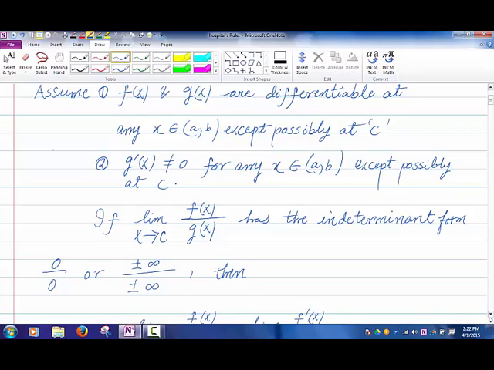When I say that this limit has indeterminate form 0 over 0, I mean that the numerator has limit 0 and the denominator has limit 0 separately.